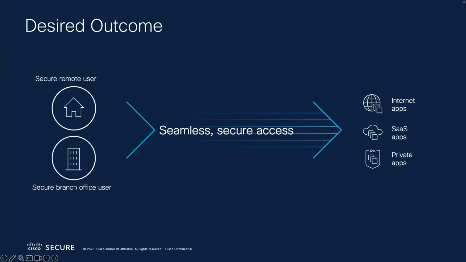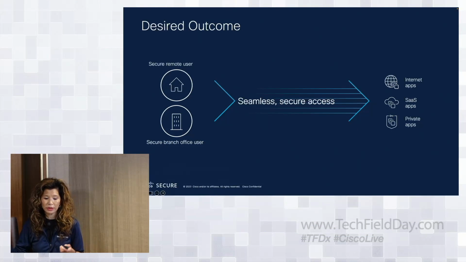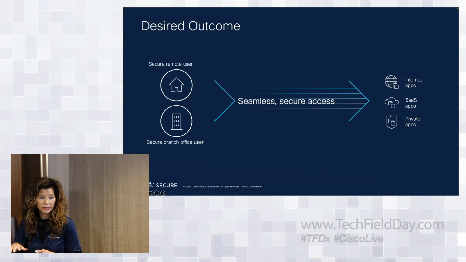Okay, so what are we using this solution for? Our desired outcome is to provide seamless, secure access to users anywhere, to applications anywhere as well. So anywhere to anywhere access, securely and seamlessly.